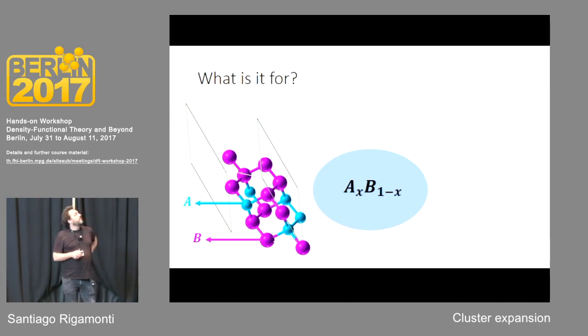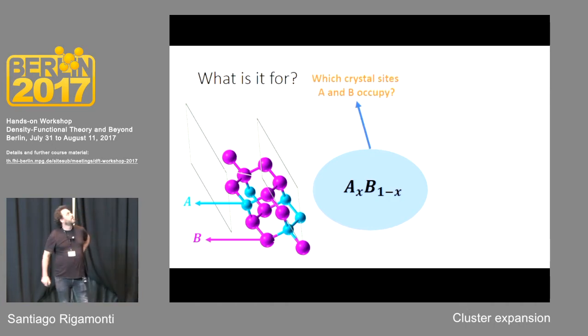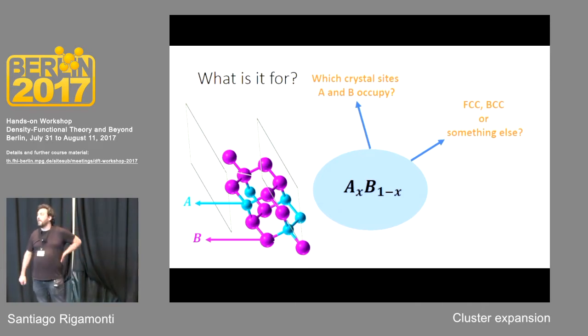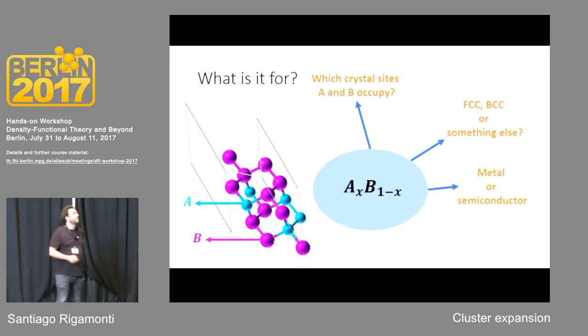But as you see here, the formula doesn't determine everything, because the species of type A can be in several different sites of this crystal. So one question one can ask is which crystal sites A and B would occupy. Also, one may wonder which sort of crystal structure will form when you put some specific x value here.